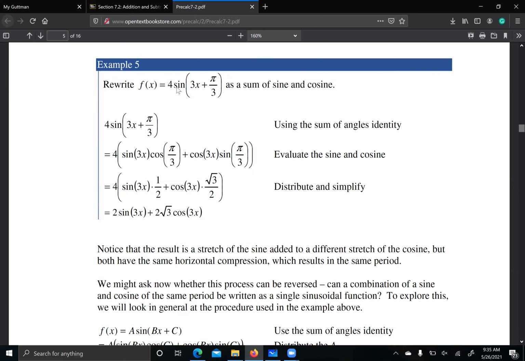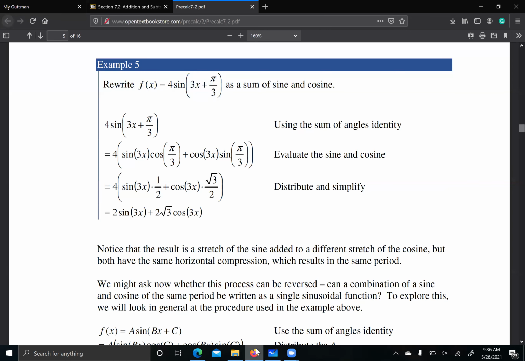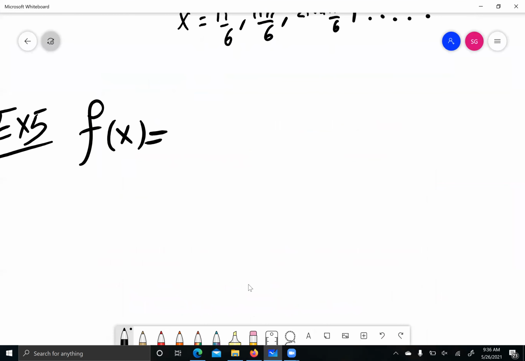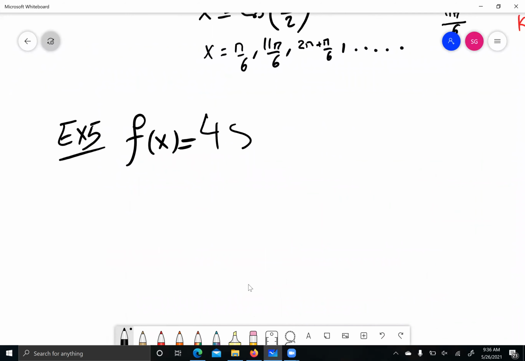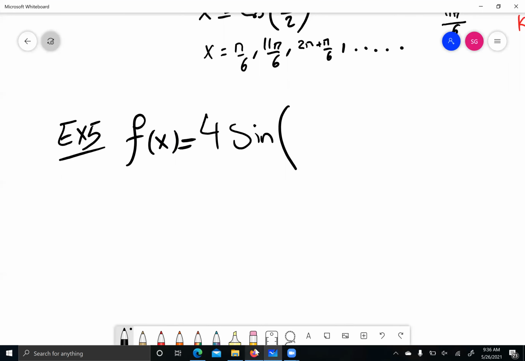The function is given in terms of a single sine, but it says to rewrite this as a summation of sine and cosine functions. So example 5: f of x is 4 sine of 3x plus pi over 3.